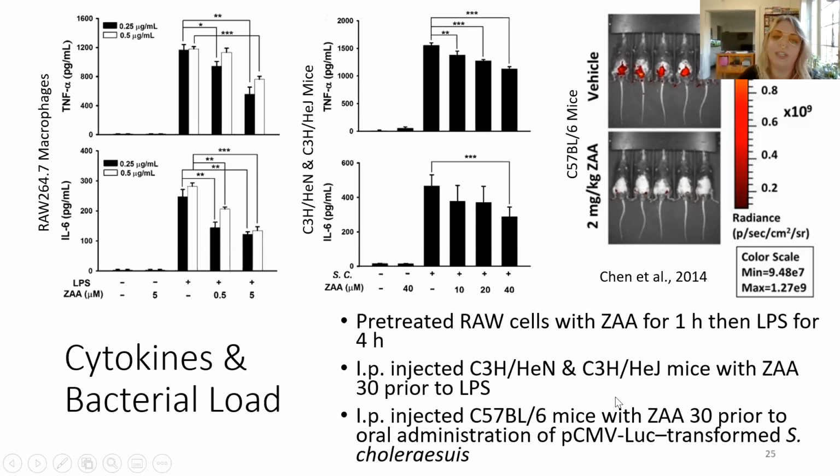And so these bacteria are given a plasmid that causes them to fluoresce when they are in the presence of D-luciferin. And so 48 hours post-infection, they IP injected the mice with the luciferin and did bioluminescence imaging on them to view their bacterial load. And they saw almost complete clearance of the bacteria in the ZA-treated mice, with only just a few areas getting illuminated.